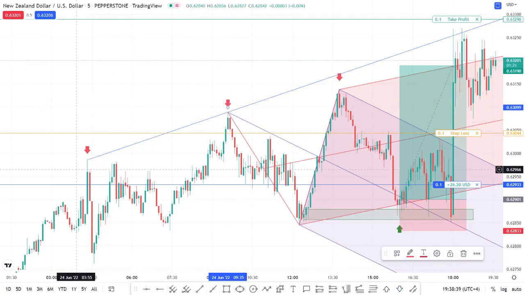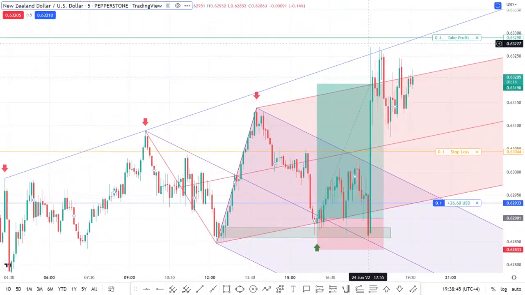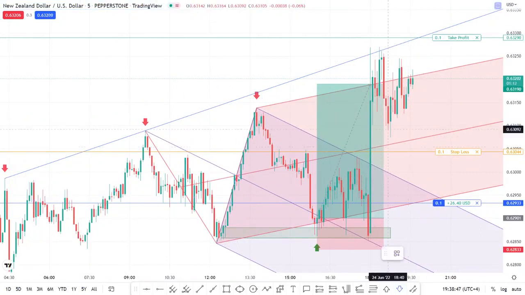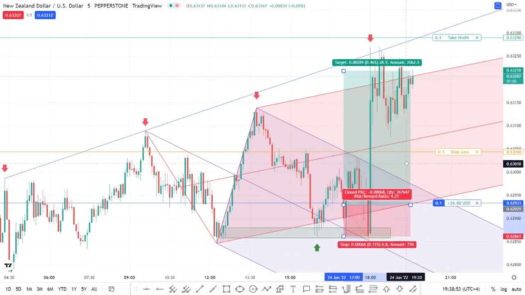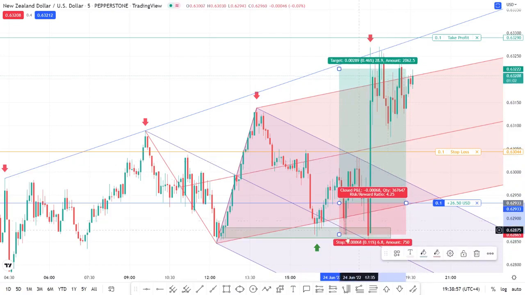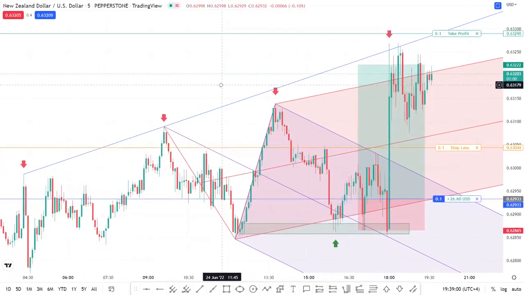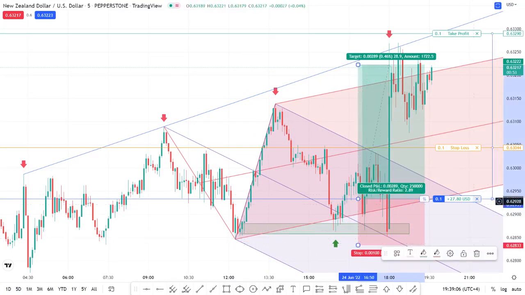So, nung kinonect ko yung first red arrow, second red arrow, makita niyo naman kung paano niya pinroject itong highest high ngayon sa chart, which could have been the ideal target, pero hindi ko nagawa yun. And nung mga time na to, bago ko siya napansin, price already pumped. I missed it already.